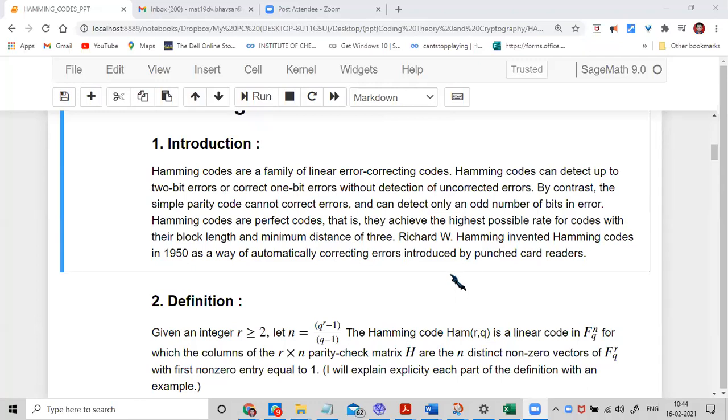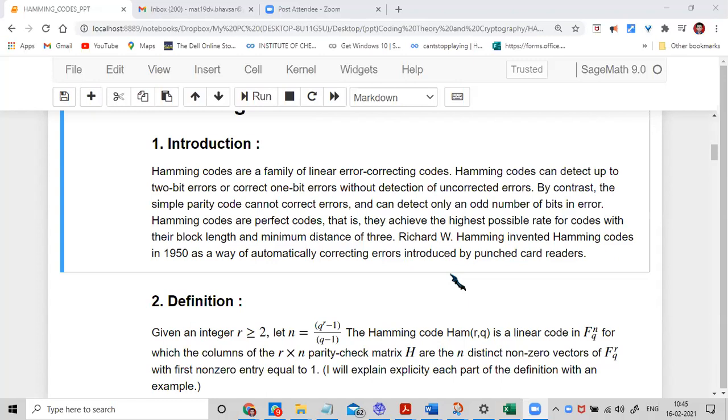Okay, so what is the general definition? When we define the Hamming code, we choose some r. This is the redundancy, and it is greater than or equal to 2. For that we have a length n equal to (q^r minus 1) upon (q minus 1). The Hamming code is stated in this presentation as Ham(r, q), where q is the number of elements in the field which we are going to consider, and r is the redundancy.